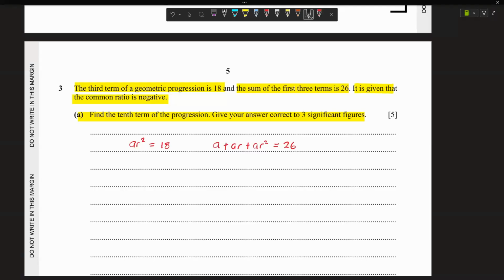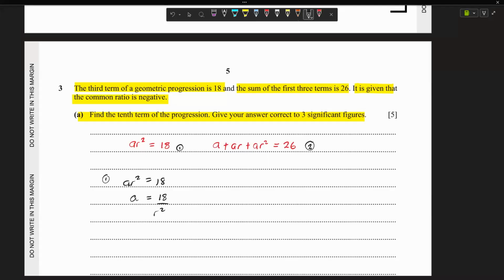Now, I'm going to call this equation 1, and I'm going to call this equation 2. On equation 1, that's AR squared is equal to 18. So we can actually make A the subject, so A is technically 18 over R squared.